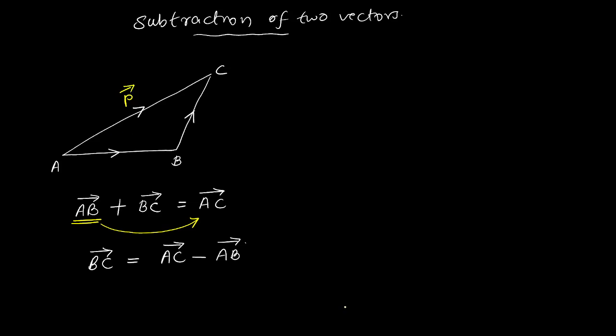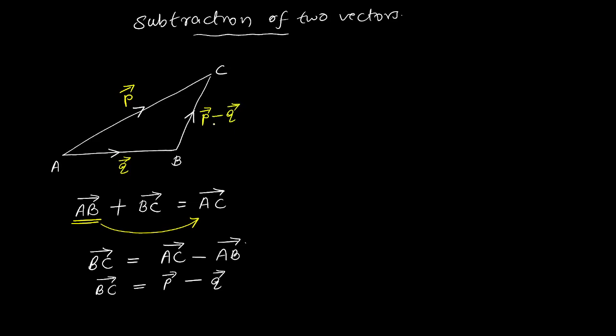AC I am giving the name P, and AB I am giving the name Q. What is BC then? BC is equal to AC, which I named P, minus AB, which I named Q. So BC equals P minus Q. It is very simple maths.